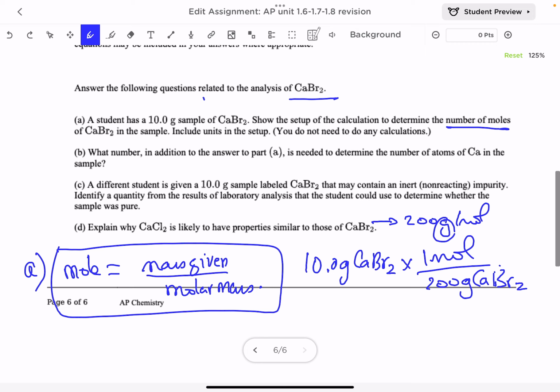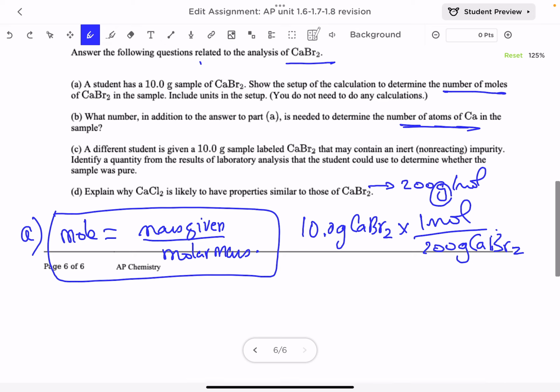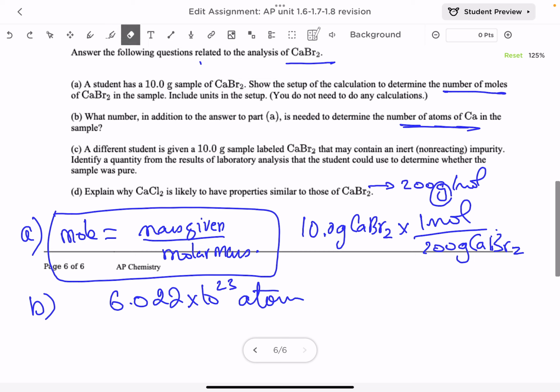Next question. What number, in addition to the answer to part A, is needed to determine the number of atoms? So in order to move from moles to atoms, we always multiply by Avogadro's number, because Avogadro's number is 6.022 times 10 to the power 23 atoms or particles or ions or units per mole.